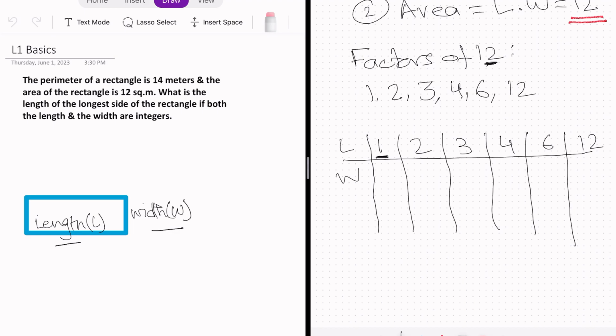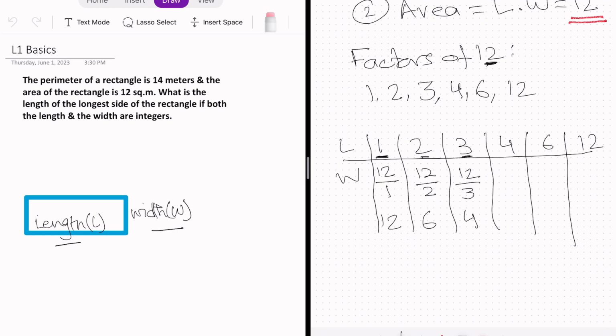So this would be 12 by 1, which is equal to 12. In this particular case, it will be 12 by 2, or 6. In this case, when the length is 3, the width will be 12 by 3, which is 4.